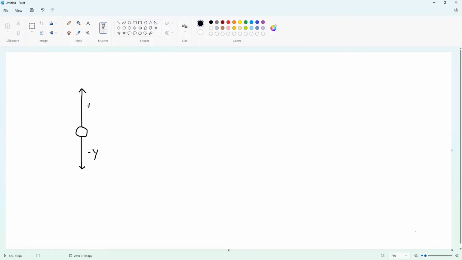Now, why does the y direction matter? Why is it different from the 1D motion in the x direction? The reason it is so important is because we have something new to consider, and that is our very, very frequently ubiquitous friend, gravity.